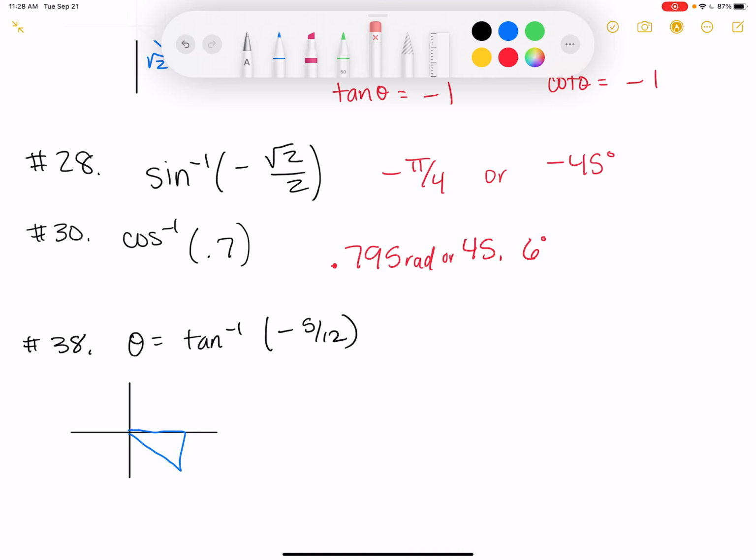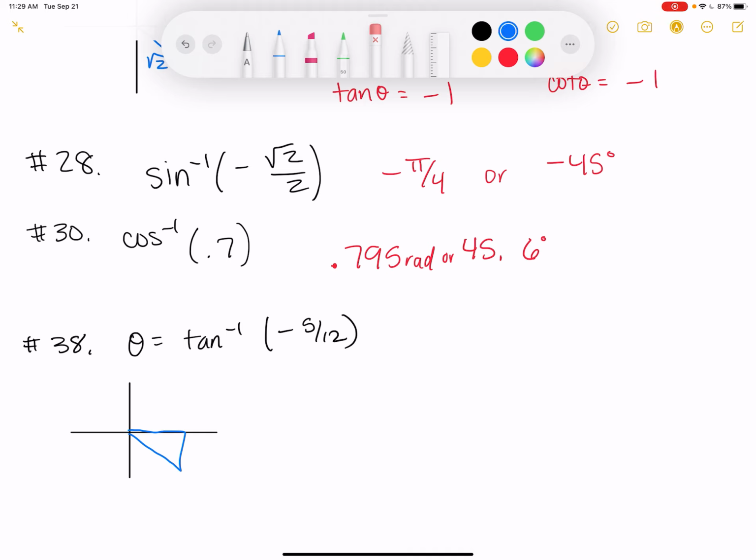So let me check before we go too far. I had it right.